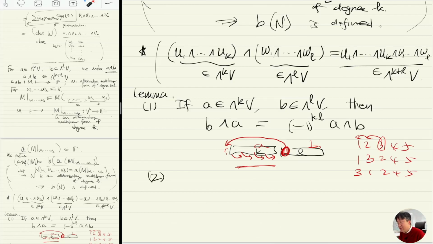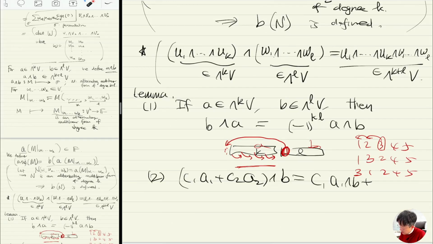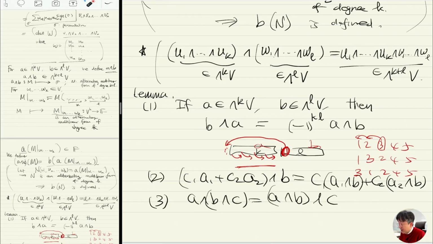So that's the first property, and the second property is an easy one. Linear combinations expand, so it's still multilinear. And the third property is associativity, right?